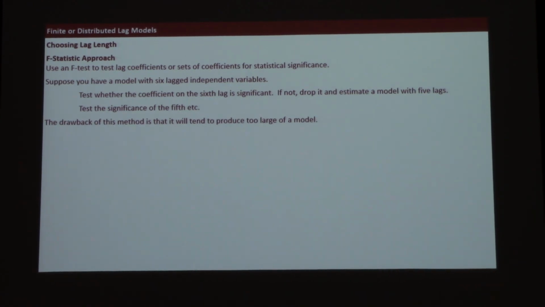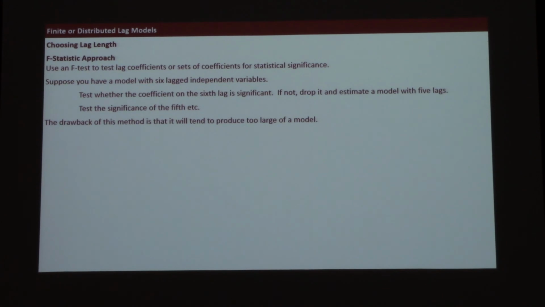So you keep running these models with more and more lags, and you look at the F statistic, and as the F stat gets bigger and bigger, that's better. So at some point, that F statistic is going to start to fall. It's going to get smaller. And when that happens, you go back and say, okay, I want the number of lags that maximize my F statistic, and then trim back once it starts to go.